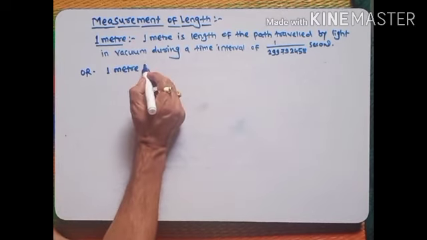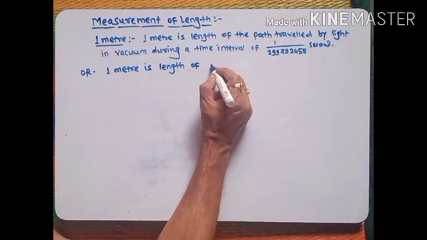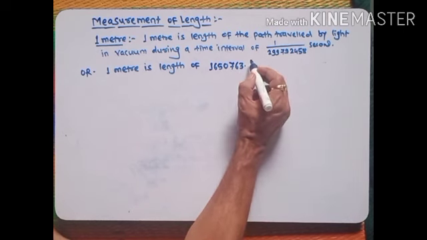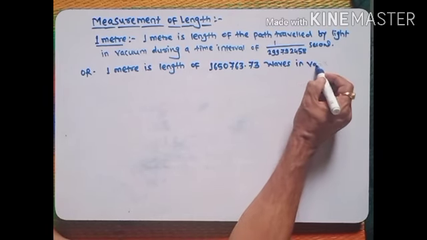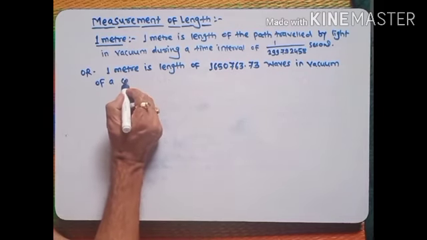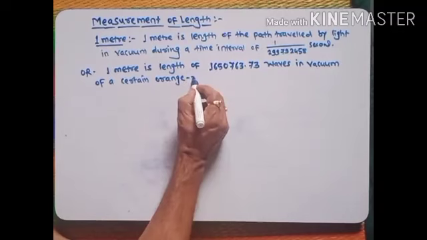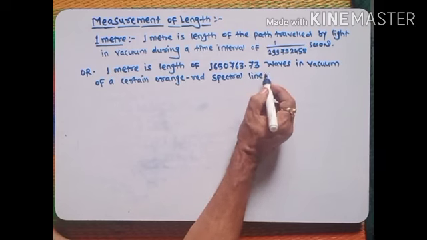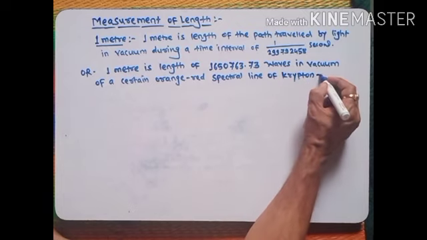1 meter is the length of 1650763.73 waves in vacuum of a certain orange red spectral line of krypton 86.